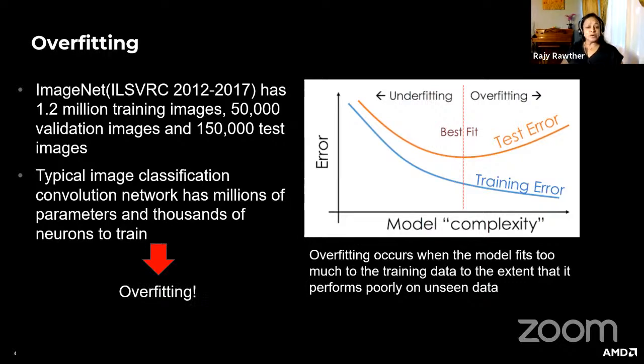Overfitting occurs when the model fits too much to the training data, to the extent that it performs poorly on unseen data, as shown in this diagram. As you can see, after a certain time the training error keeps going down, whereas the test error starts increasing. That's when the model gets overfitted.